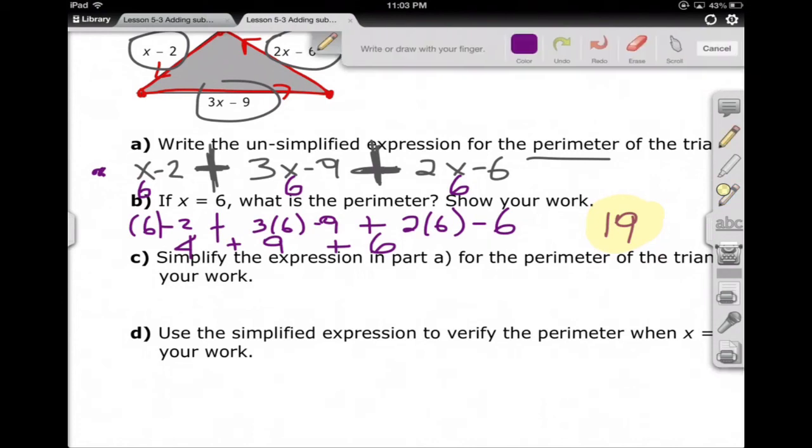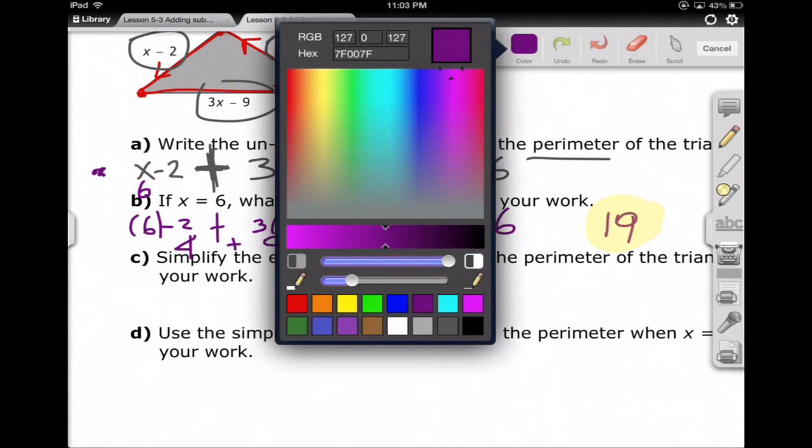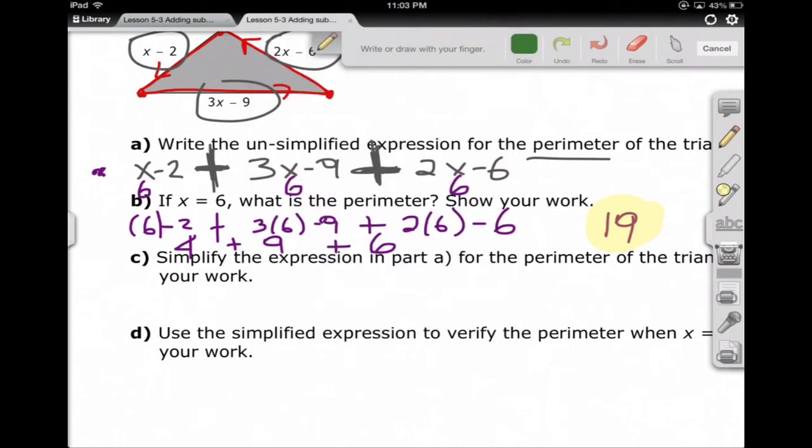Easy way is get your formulas figured out. Tidy it up. If we go back and say there's got to be a way to simplify this, we had x minus 2 plus 3x minus 9 plus 2x minus 6. There we go, about like that. How many x's do we have? Let's get this down to the bare bones of what the formula really is.